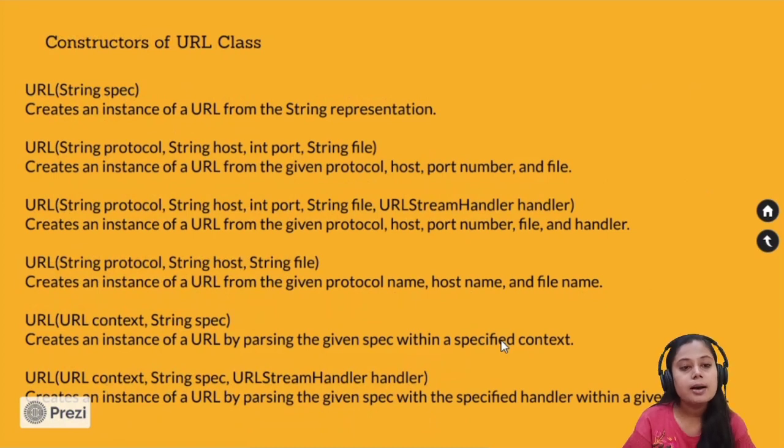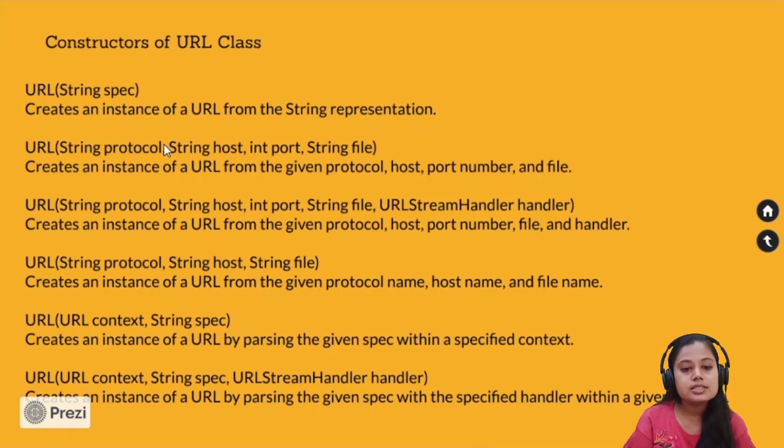Now let us see about some constructors of the URL class. The first constructor, URL(String spec), creates an instance of a URL from the string representation. The next constructor takes in four parameters: protocol of string type, host of string type, port of integer type, and file of string type.